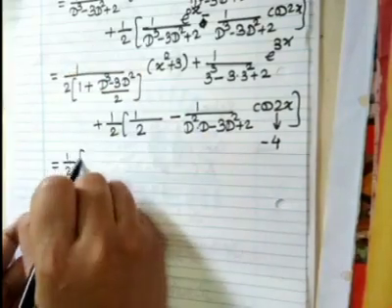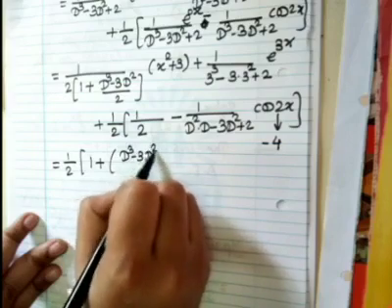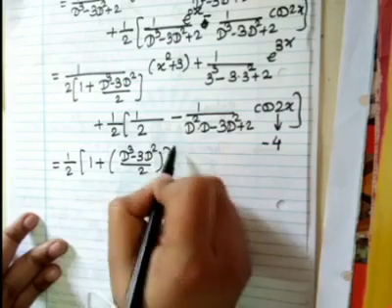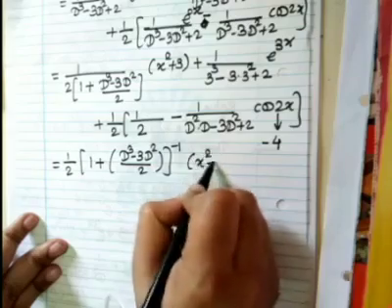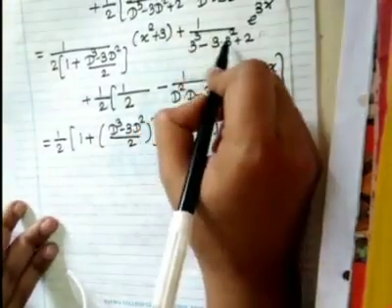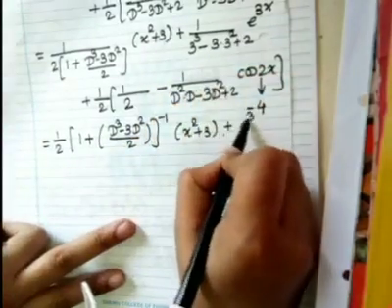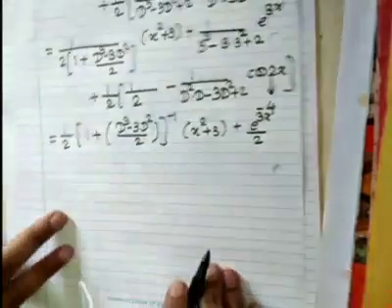We'll take this to the numerator, 1 plus 1 by 2 inverse on x square plus 3. What about this? 3 cube, these two cancel, only 2 is there. So plus e raised to 3x by 2. Very good.